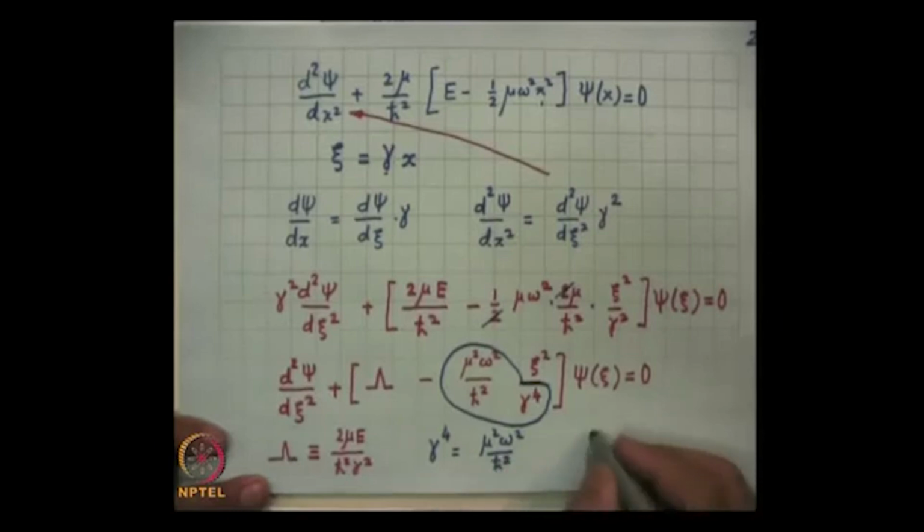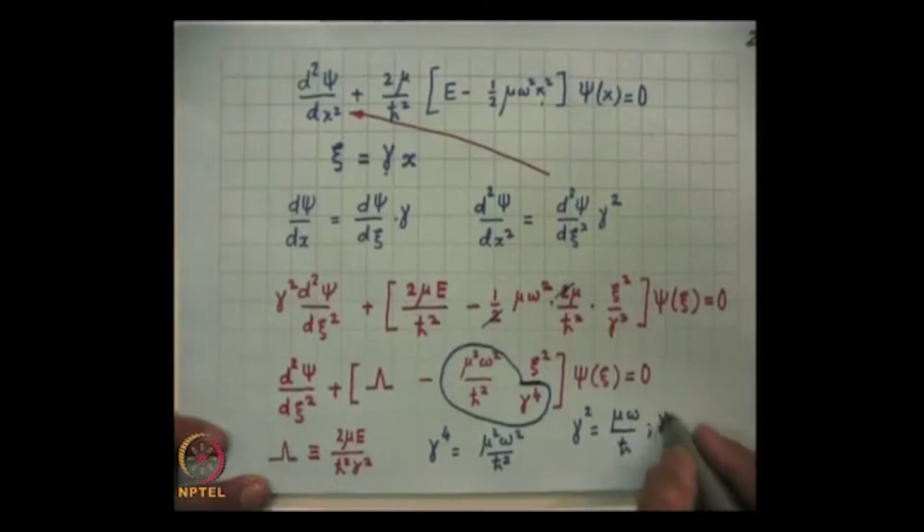If I take the square root, I get gamma square is equal to mu omega by h cross. This is the definition of gamma.